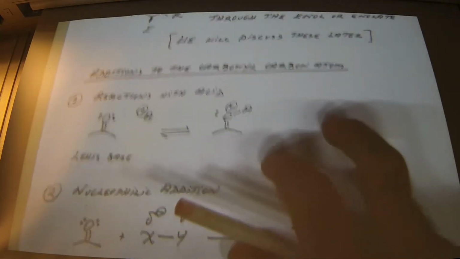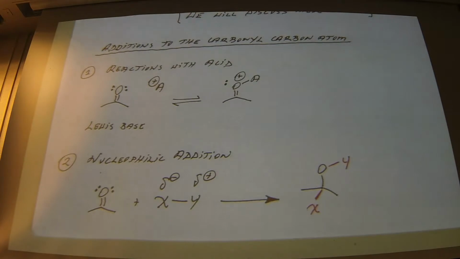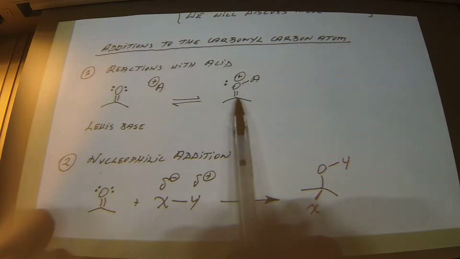Okay, so the first kinds of reactions that we looked at were reactions with acid. And since you have non-bonding electron pairs on the carbonyl oxygen atom, it makes sense that those can be donated either to a proton, a Bronsted acid, or to a Lewis acid. And when that happens, recognize that the carbonyl gets activated towards nucleophilic attack.